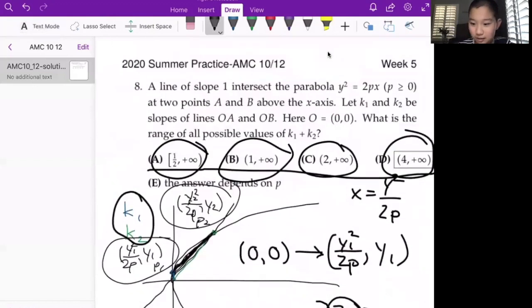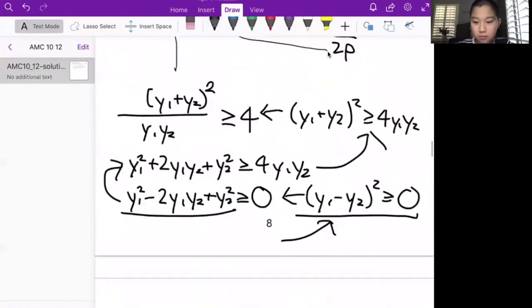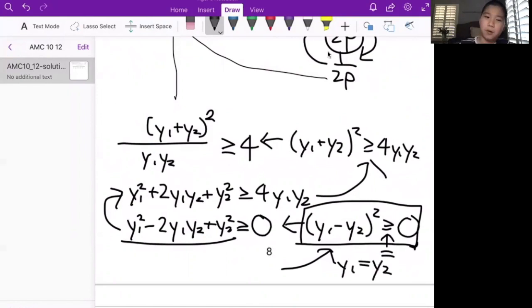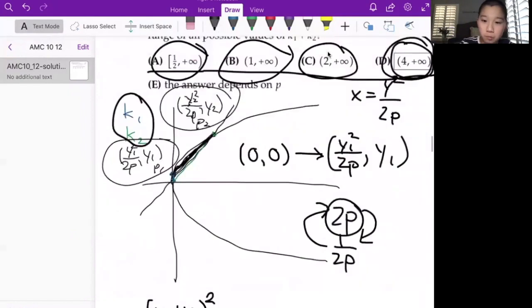But this answer choice D suggests that it can't be exactly 4. It has to be greater. So why is that? Well, if you look back at the inequality, it says the equality only happens when y1 minus y2 squared is equal to 0. But then that would mean y1 equals y2. And why is that a problem? Well, let's see.